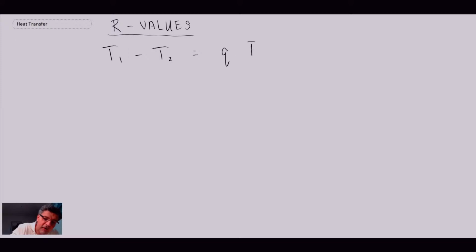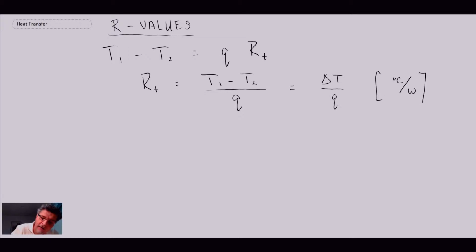If you recall, the equation that we've been using for thermal resistances is this one. Let's isolate for the thermal resistance. Essentially, the thermal resistance is delta T divided by Q. If we look at the units, that's degrees C per watt.